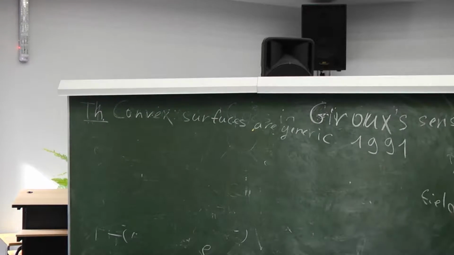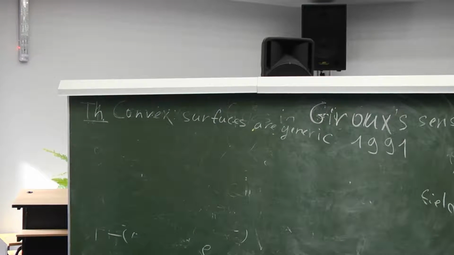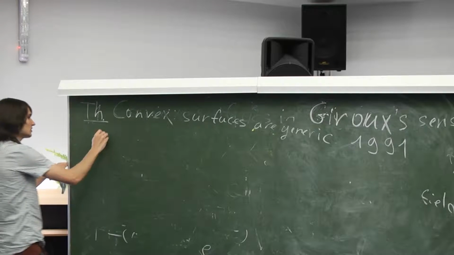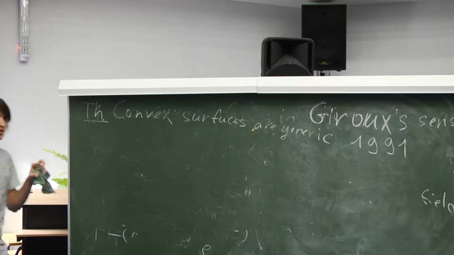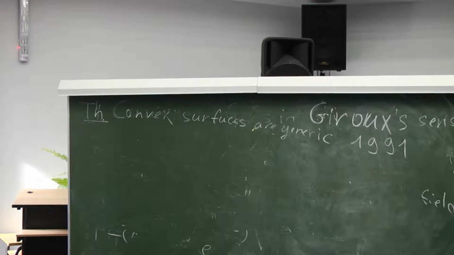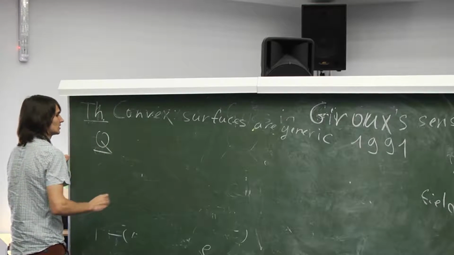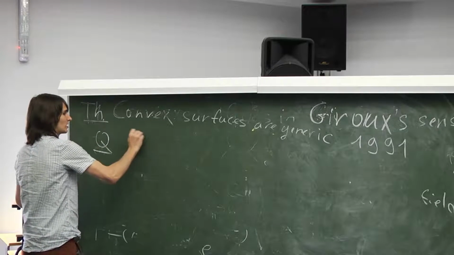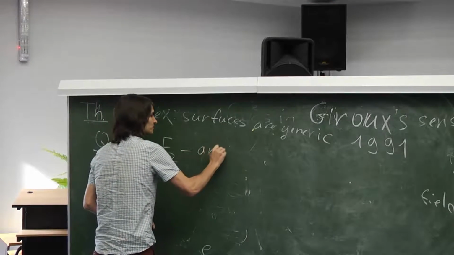Suppose there are two convex surfaces, and we try to distinguish their neighborhoods. The question: F1 and F2 are convex.